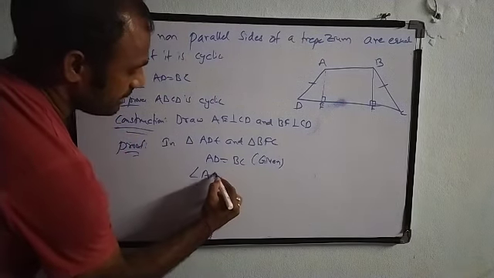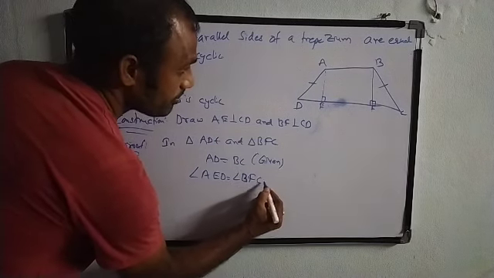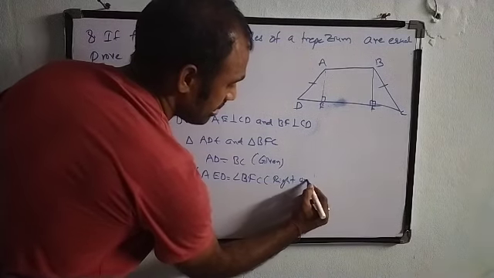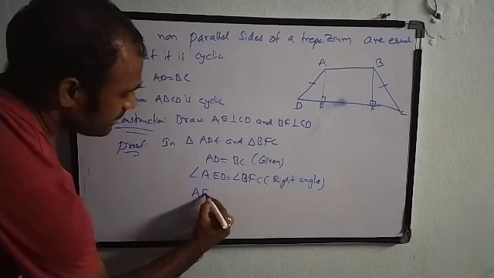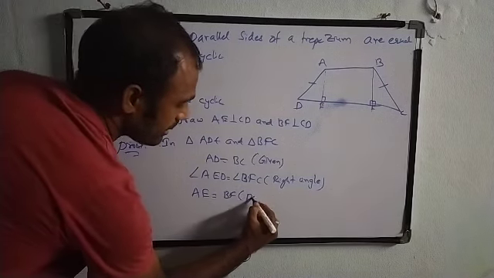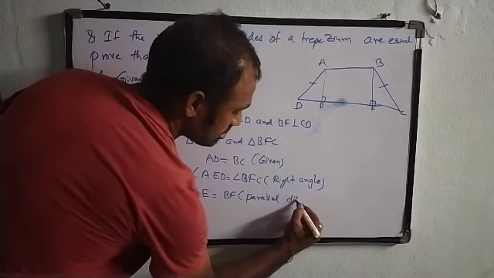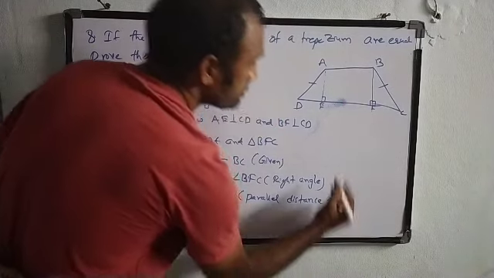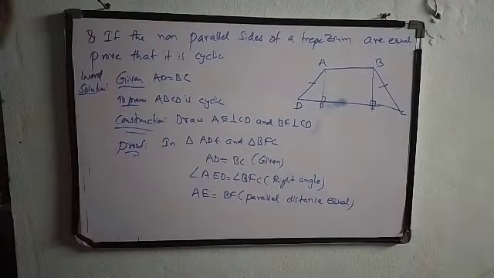Angle AED is equal to angle BFC, right angle. Next, AE is equal to BF, since the distance between the parallel lines is equal, so AE and BF are both equal.